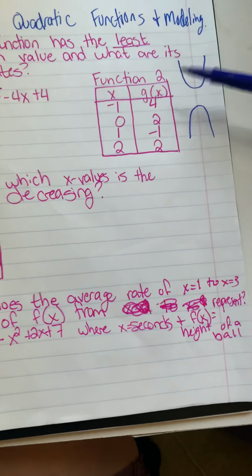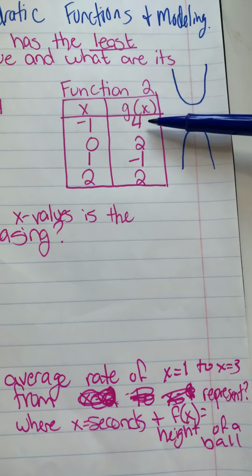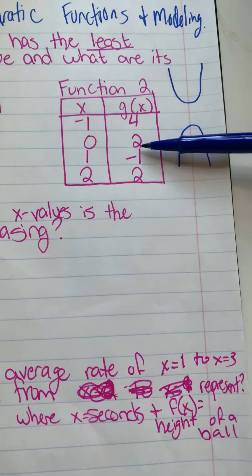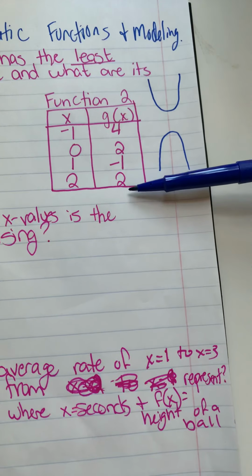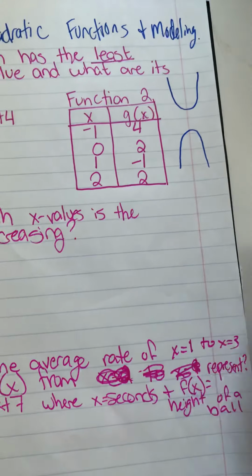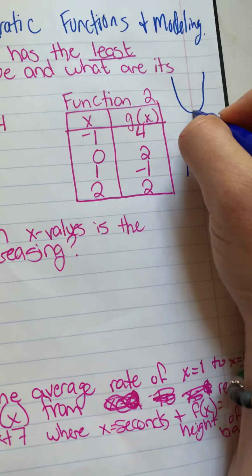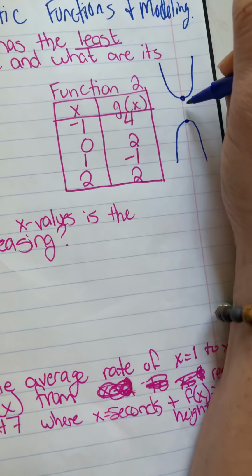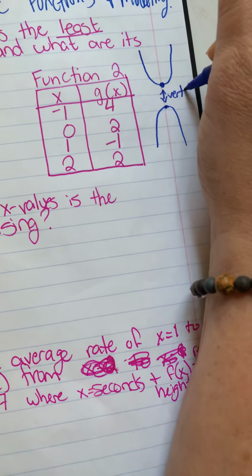You can see that my x values go up by 1s, but my y value goes down, down, and then back up again. So the point at which it turns and goes back up, that's your vertex.